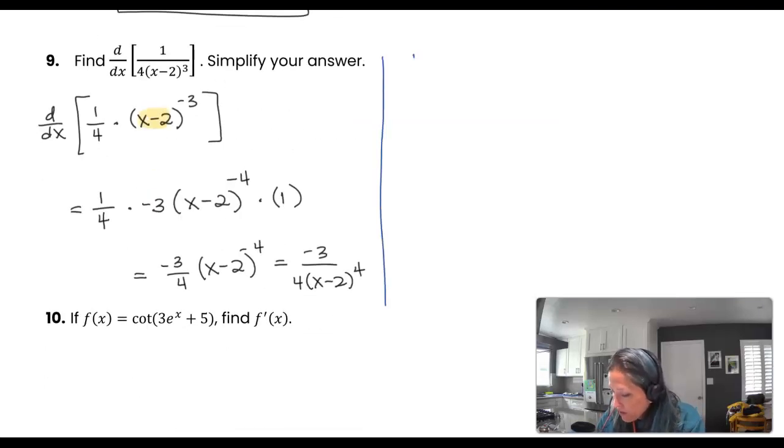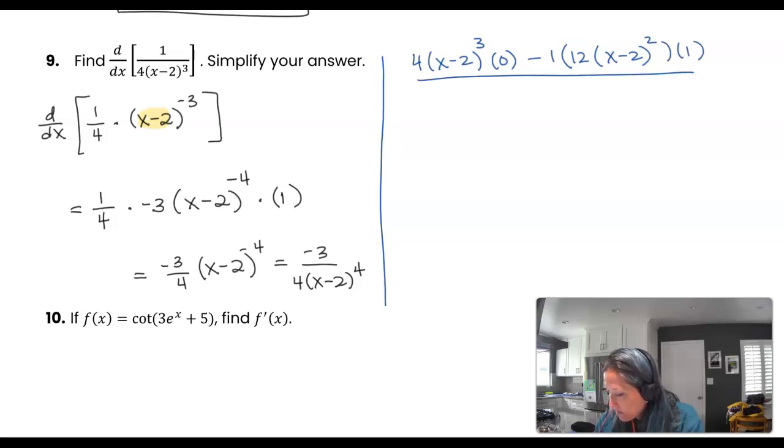We got, okay, low d high minus high d low, so that'll be a 12, right? Because the 3 times 4, x minus 2 to the 2nd times a 1, all over 4 x minus 2 cubed. Oh, that's ugly looking. All of that squared.